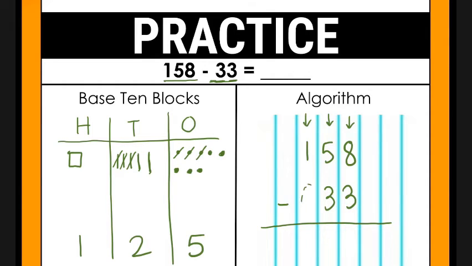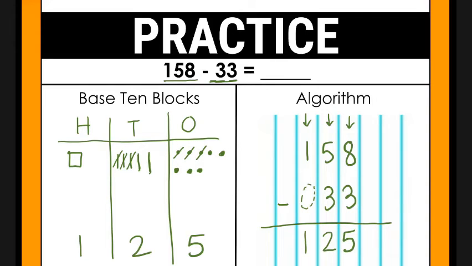So if I want, I can put my 0 in here to help me stay organized. So let's start in our ones. 8 minus 3 equals 5. 5 minus 3 in my tens equals 2. Now over to my hundreds. 1 minus 0 equals 1.